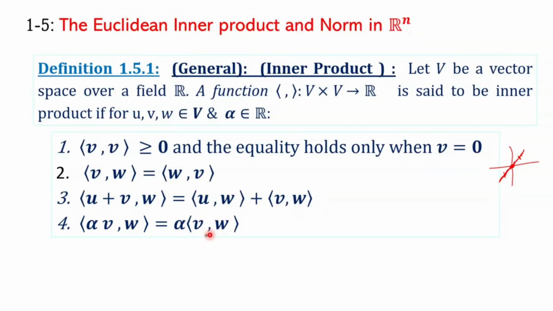Note that (alpha v plus beta w, u) gives alpha and beta coming out independently. In the same way, (u, v plus w) is (u, v) plus (u, w).